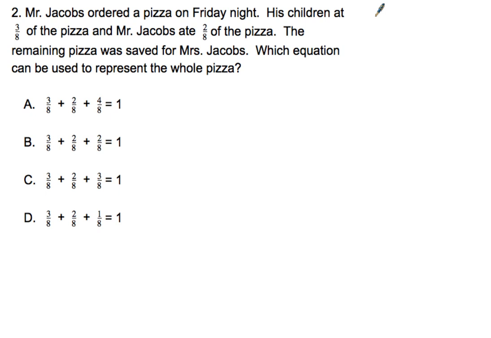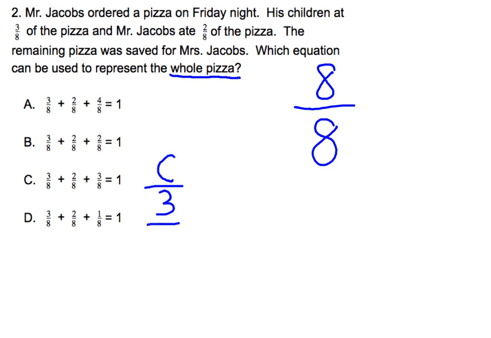So basically, we're looking at a whole. And a whole pizza is, in this case, 8/8, right? And I know that the children ate 3/8 and Mr. J ate 2/8.